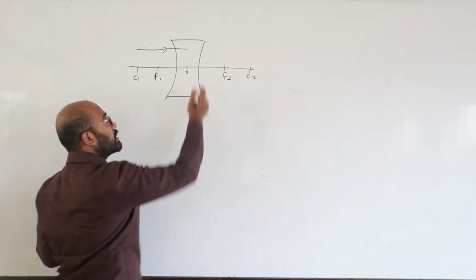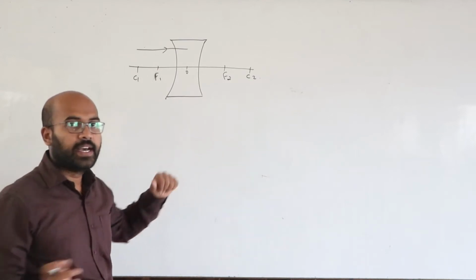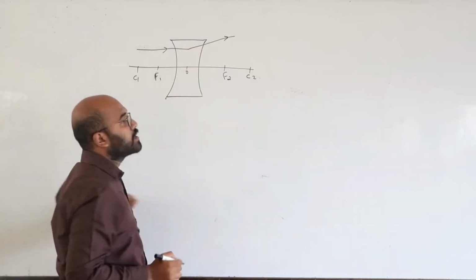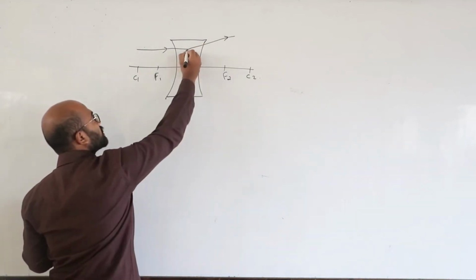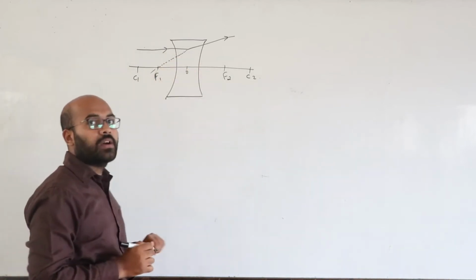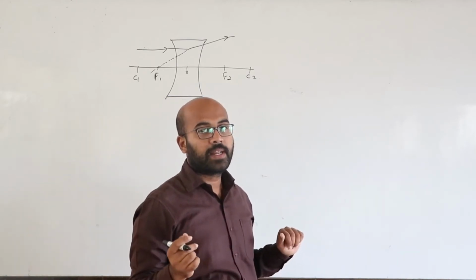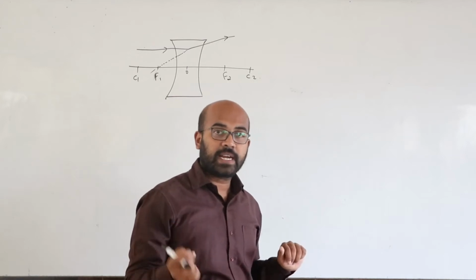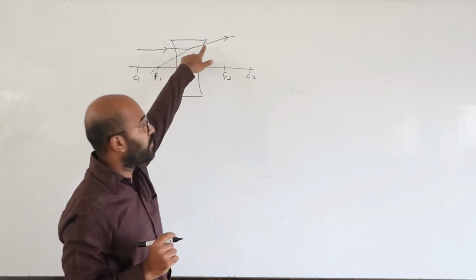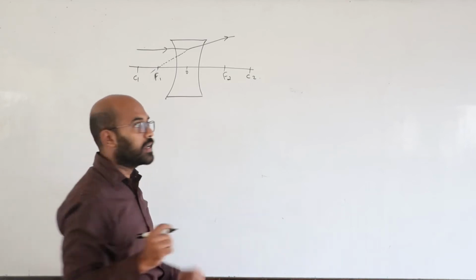After refraction, in a concave lens, the light rays diverge. So when I extend this diverged light ray behind, it passes through the principal focus. Similar to what happened in a convex lens. In a convex lens, the actual refracted light ray was passing through the principal focus. But here, when I extend the refracted ray, it is passing through the principal focus, not the actual refracted ray.